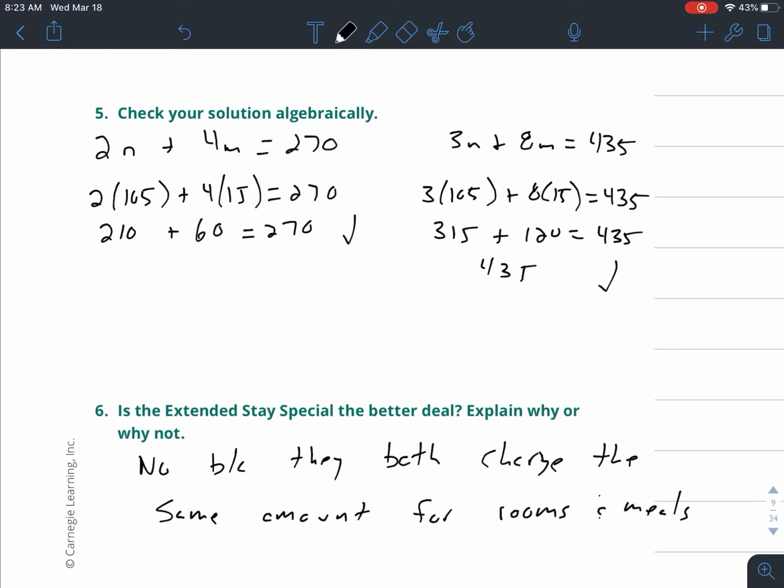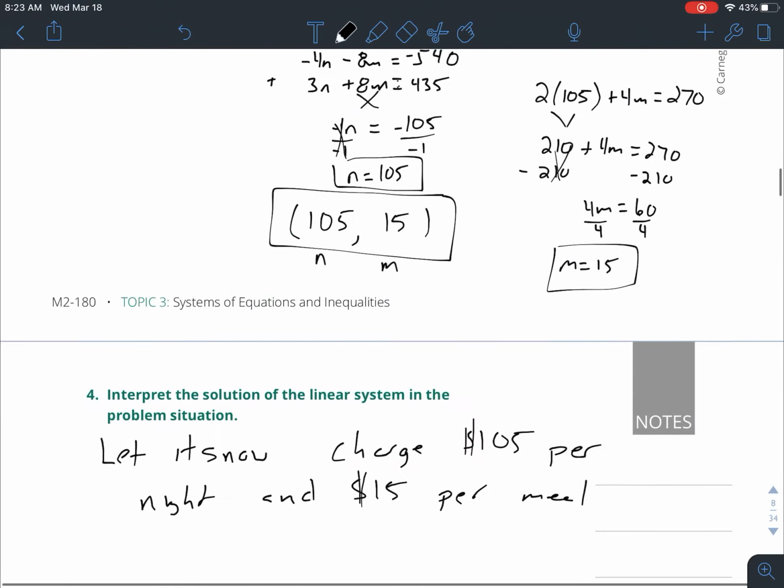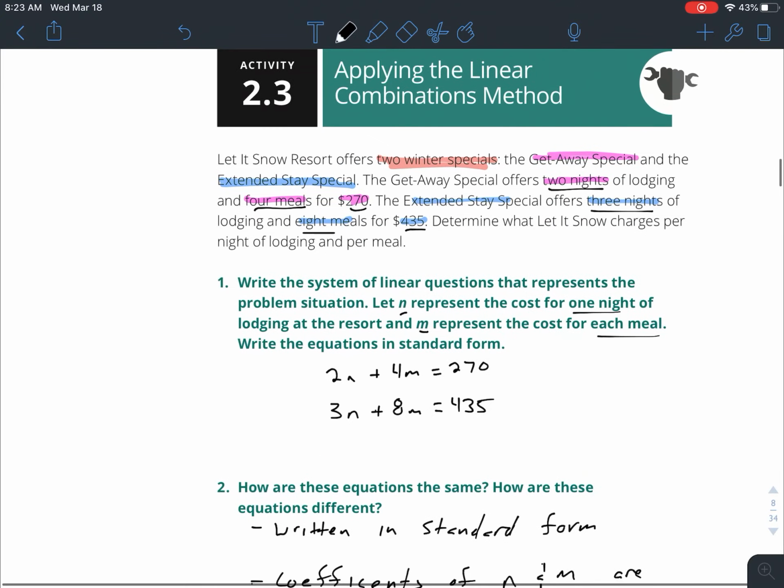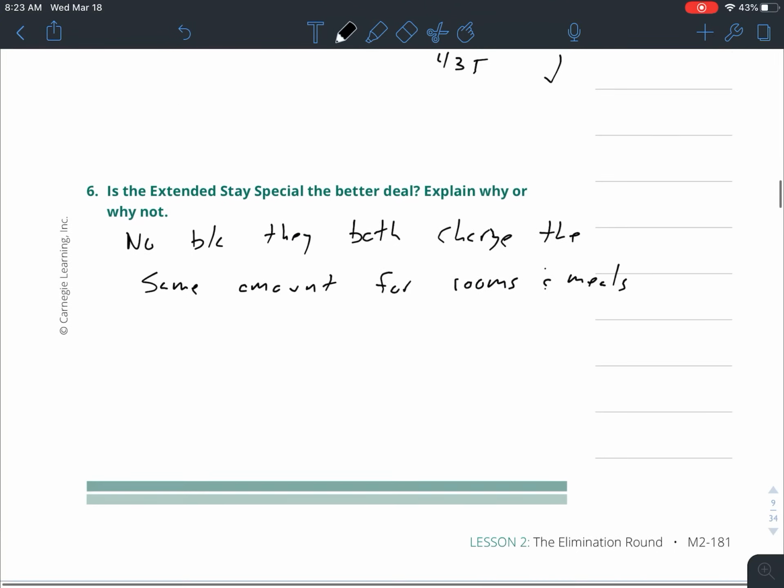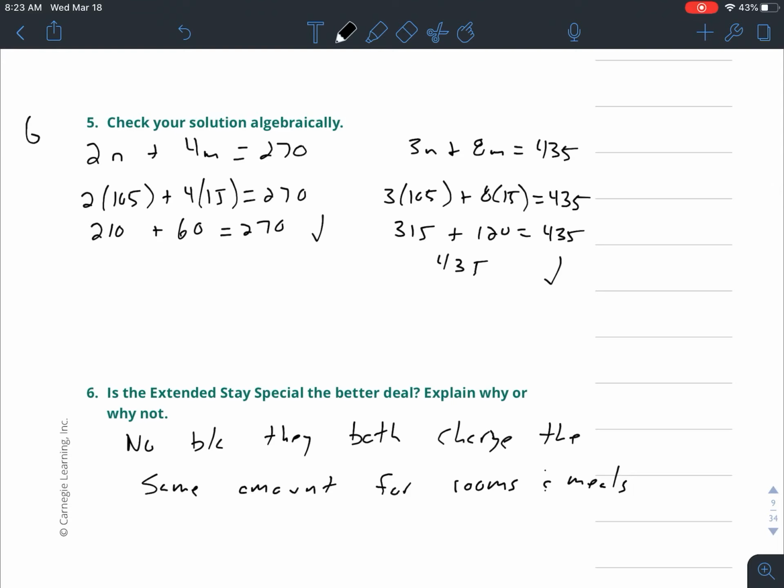What were the two different ones? The first one was the getaway special and extended stay. This was the getaway, and this was the extended stay. They both are charging the same price for food and lodging, so it is no deal compared to either one.